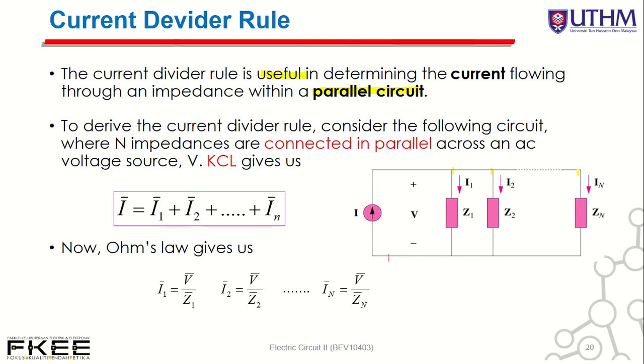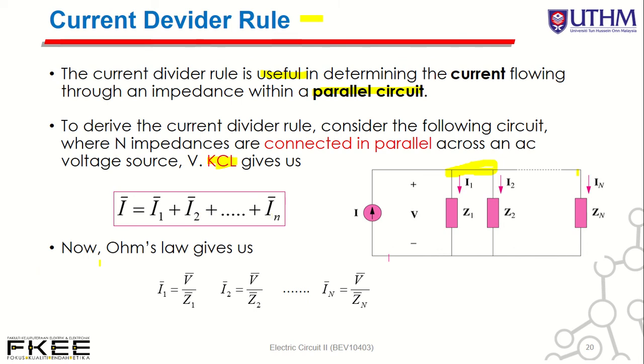So how to derive the current divider rule? First of all, we need to apply KCL at this node. KCL, Kirchhoff current law: I equals I1 plus I2 plus I3 until In.